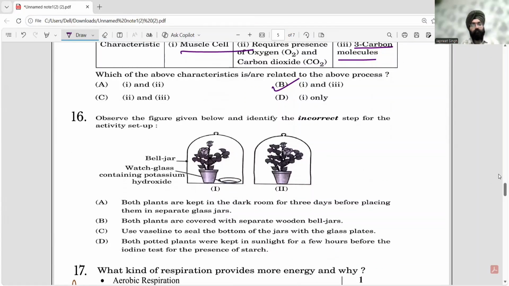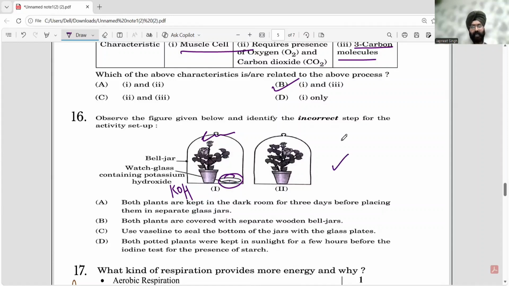16th one. Observe the figure given below and you have to identify the incorrect step. There are two plants. Bell jar is there. Watch glass is there and it contains potassium hydroxide, that is KOH. One more plant is there.